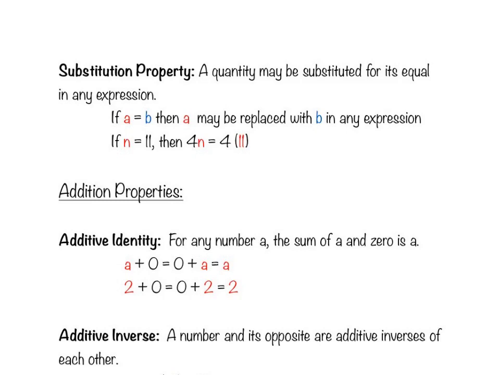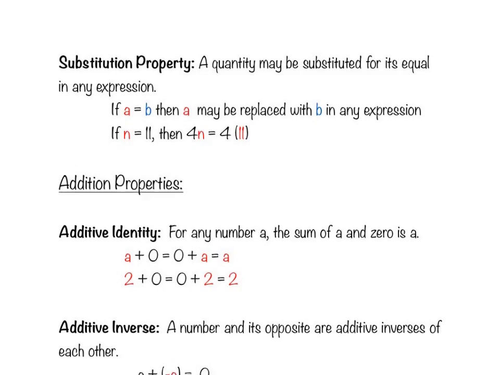So if A is equal to B, then A may be replaced with B in any expression. In the same way, if n is equal to 11, then 4 times n is equal to 4 times 11. We can substitute 11 for n in the expression. Okay, so that takes care of our properties of equality.